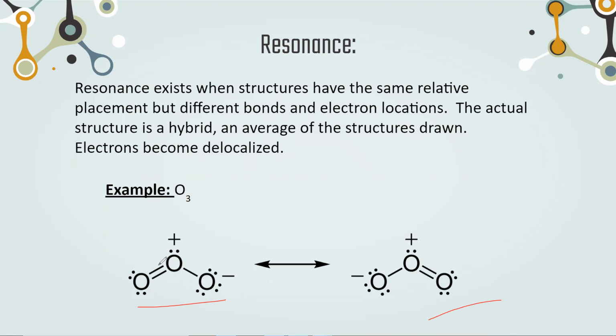What actually happens is that the electrons shared by this bond, those two, are going to hop over here to this oxygen. And then this electron pair that's right here is going to hop down and become a new double bond. That is what is happening.